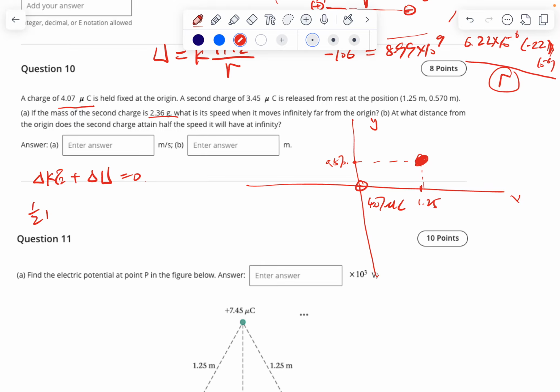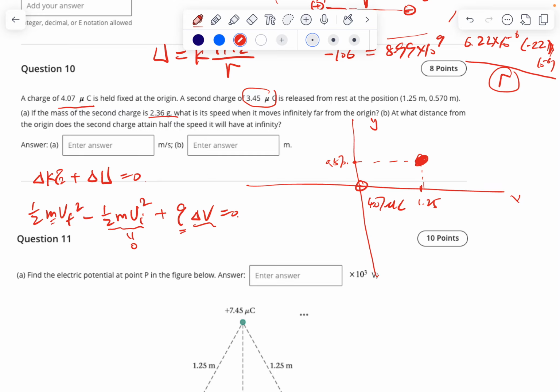So one half m v final squared minus one half m v initial squared, and this is 0 because the initial velocity is 0, plus q of the second charge times delta V is 0. Well, we know the amount of charge of the second charge, but what is delta V?